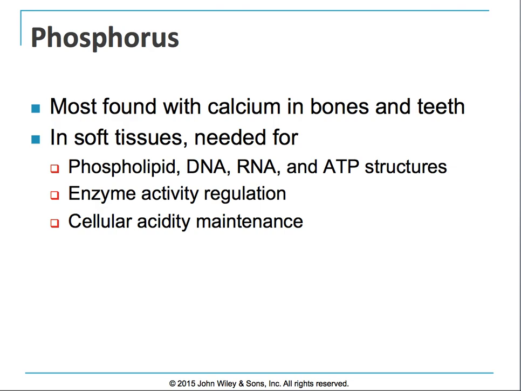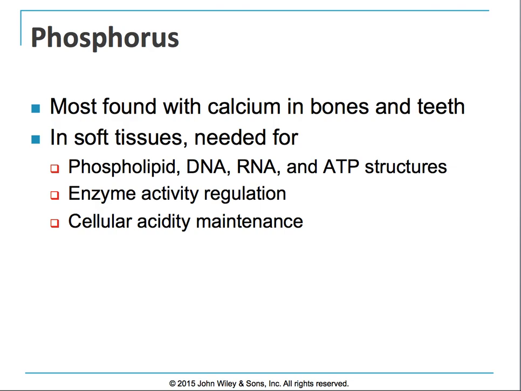Moving on from calcium, we have phosphorus. Most is found in bones and teeth along with calcium. It is also found in soft tissues as it's needed for phospholipids, which, if you remember, we talked about back when we were talking about fats and triglycerides.